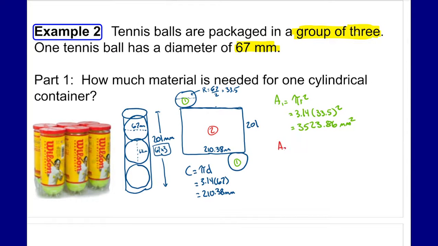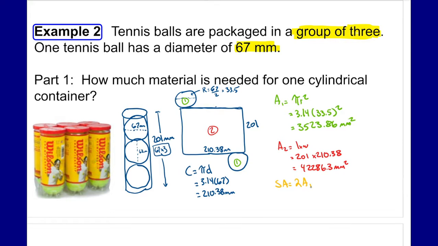For the rectangle, length times width, so 201 times 210.38, which gives us 42,286.3 millimeters squared.